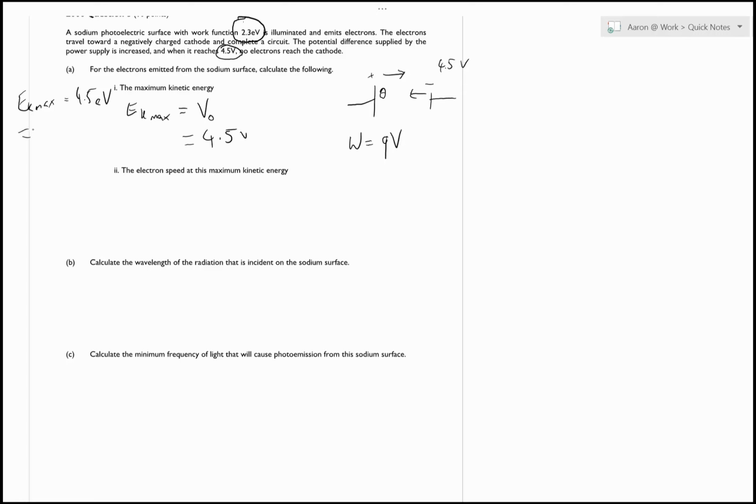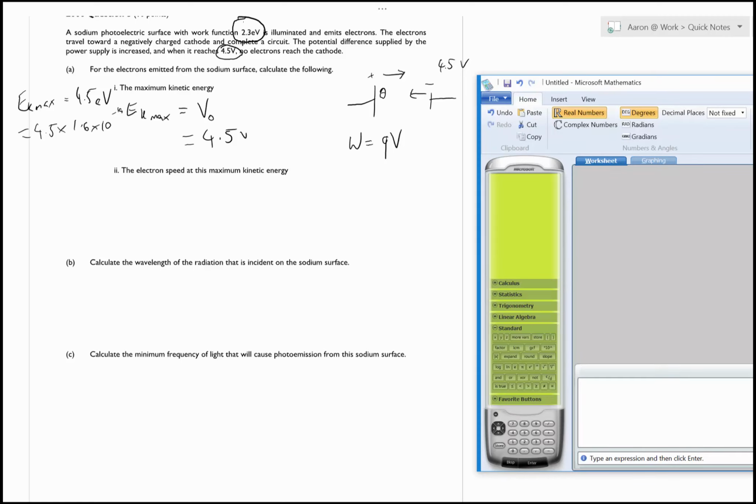Remember, to get eV into joules, we just multiply by 1.6 times 10 to the negative 19. So let's try this: 4.5 times 1.6 times 10 to the power of negative 19.